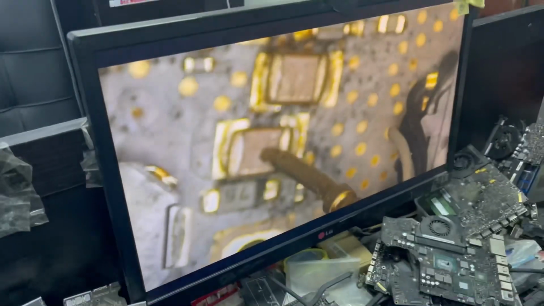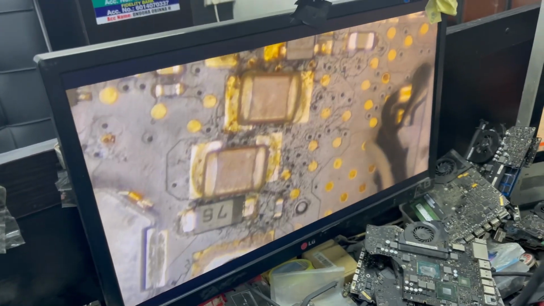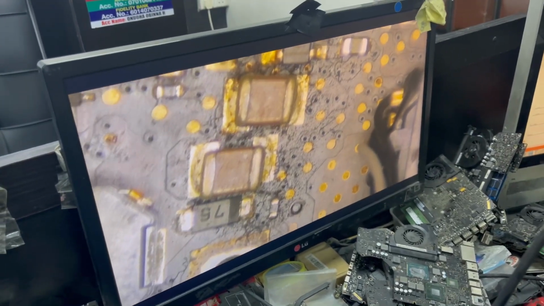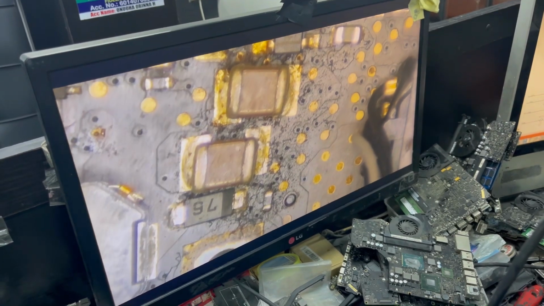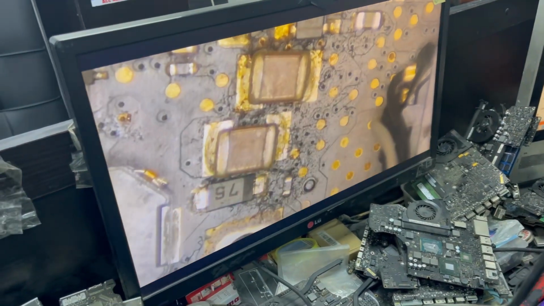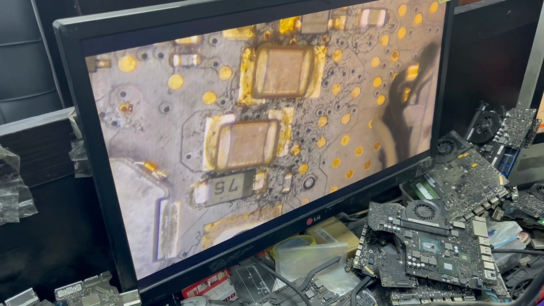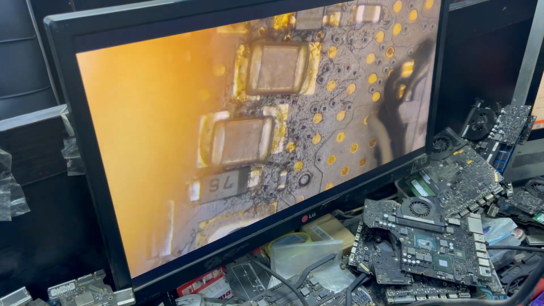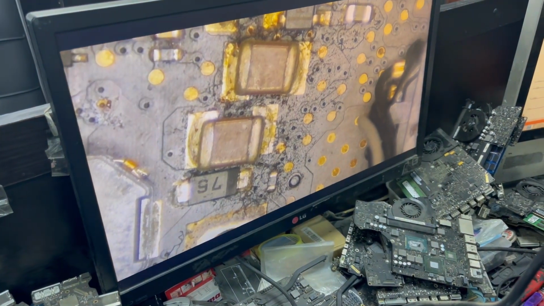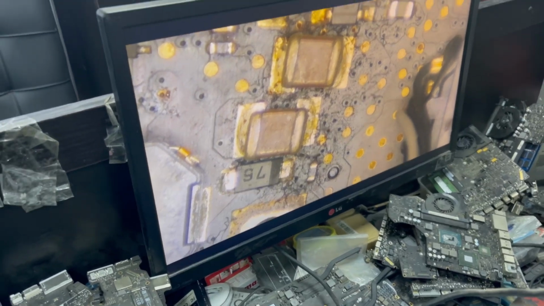This is C9797. This one is C9799. And these chips are PPV out switch LCD backlight. These switches are meant to send 12 volts to the screen.